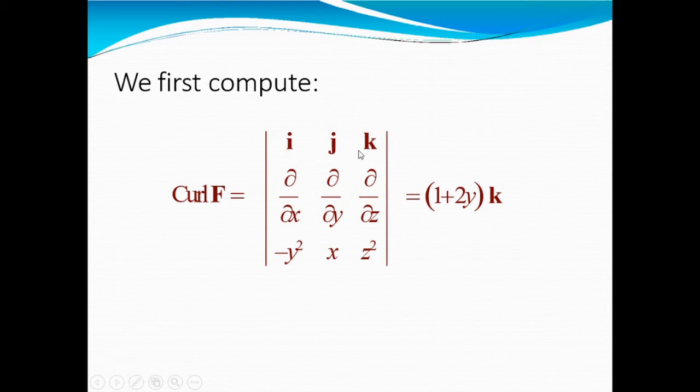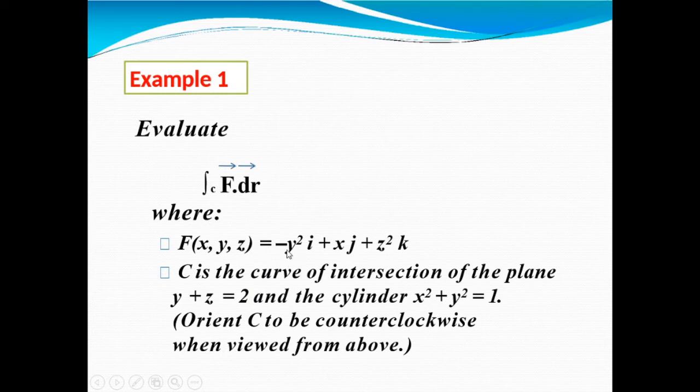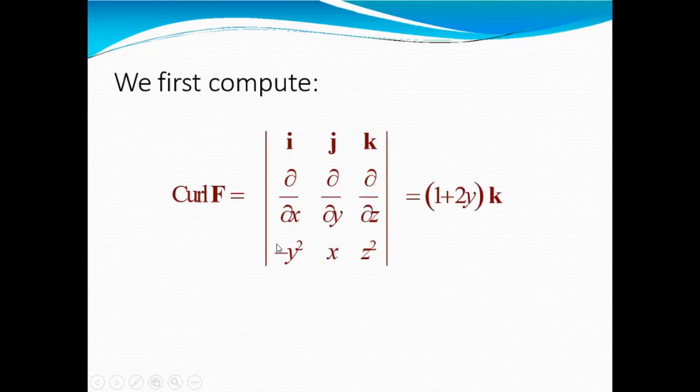F is given as minus y square i plus x j plus z square k, where minus y square is the magnitude with respect to i, x with respect to j, and z square with respect to k in the z direction. So taking all these three values, minus y square, x and z square, when we take the determinant, what happens?